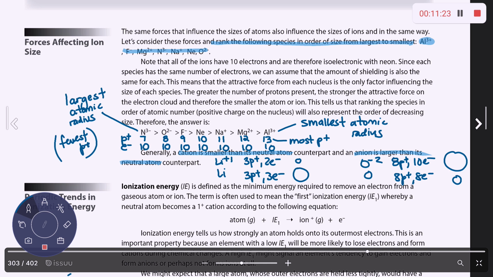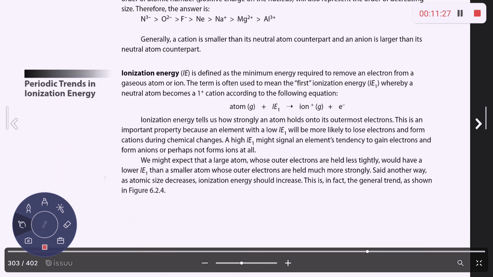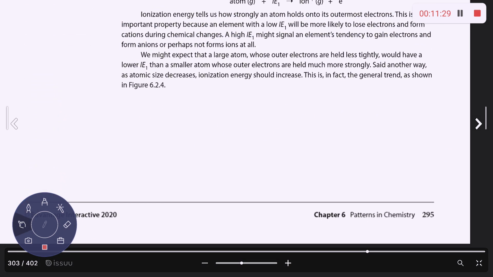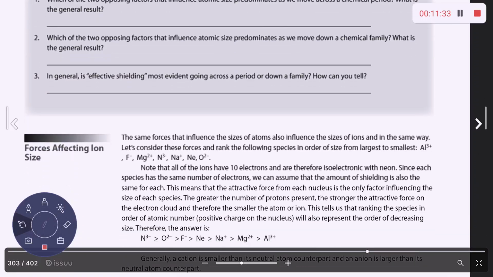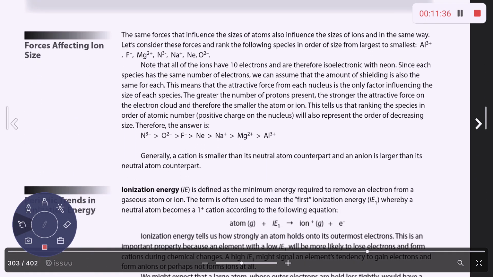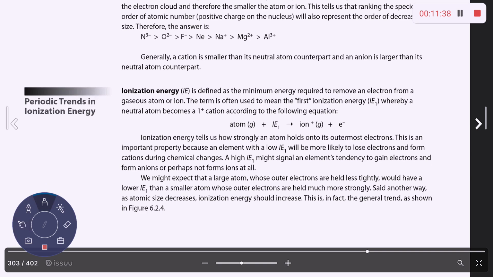So let's talk about ionization energy. Okay, ionization energy is often abbreviated as IE.